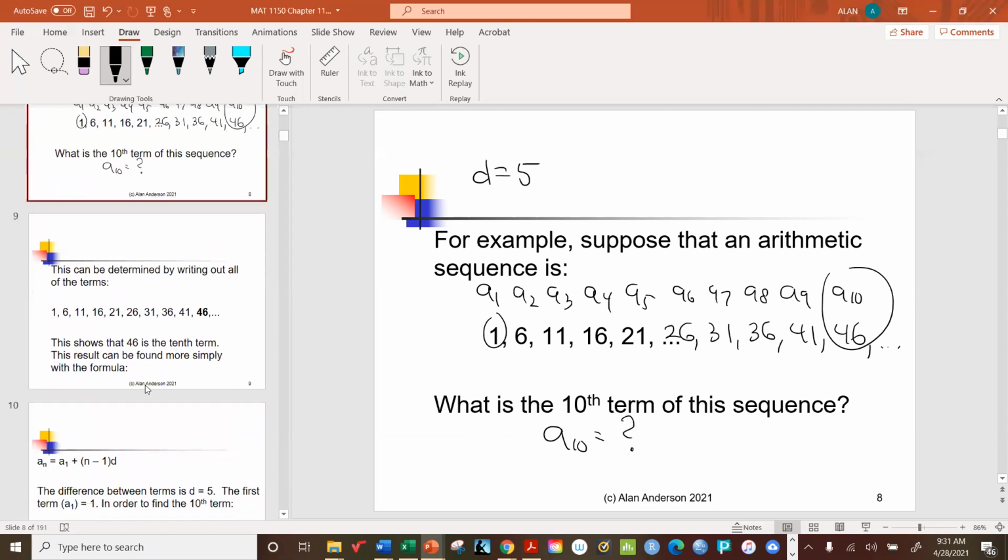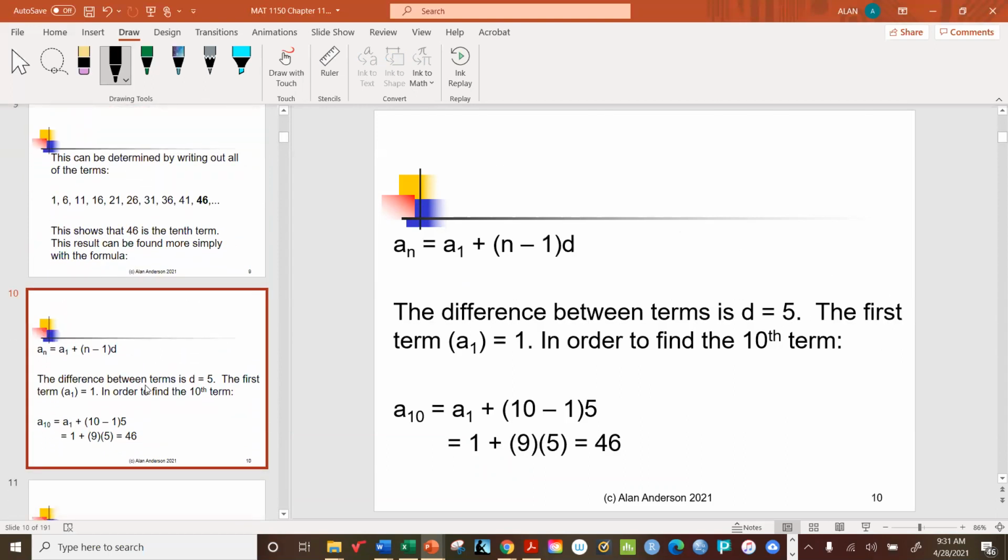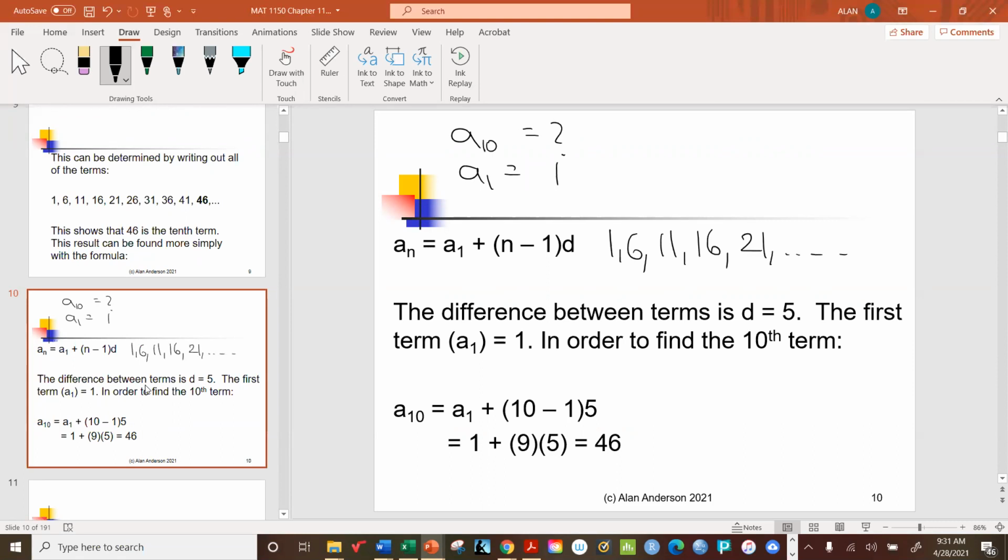All right. So in this case, if you recall, AN is what we're looking for. We'll replace that N with a 10. A1, the first term in the sequence, was 1. Remember, it was 1, 6, 11, 16, 21, etc. The common difference is 5, and we're searching for the 10th term in the sequence.